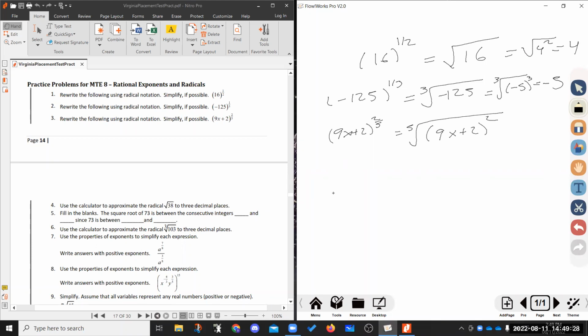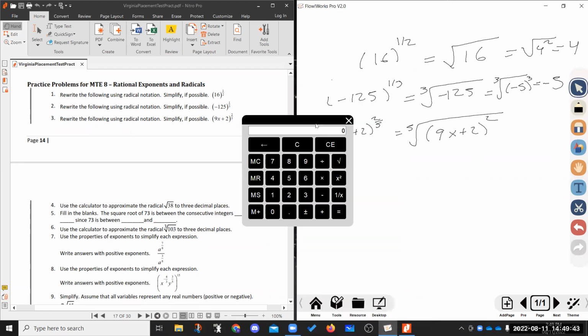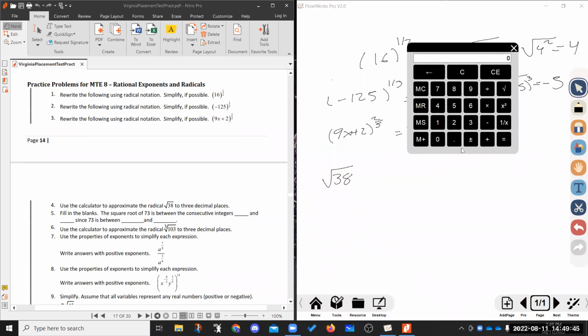It says to use the calculator to approximate the square root of 38 to 3 decimal places. So we're going to use our calculator tool. This is one of the only places in the whole section where you need to use a calculator. Here, we enter 38 and then square root.